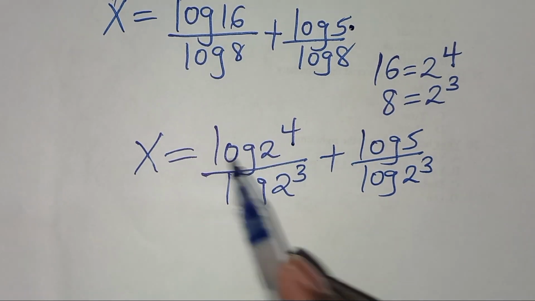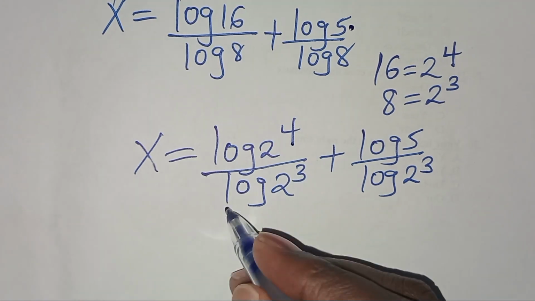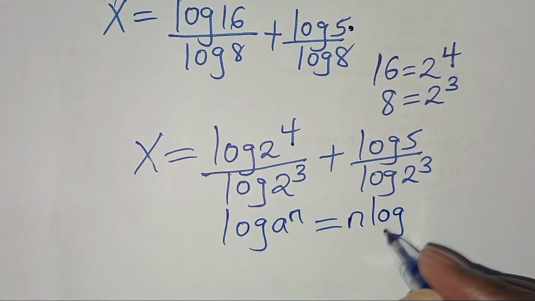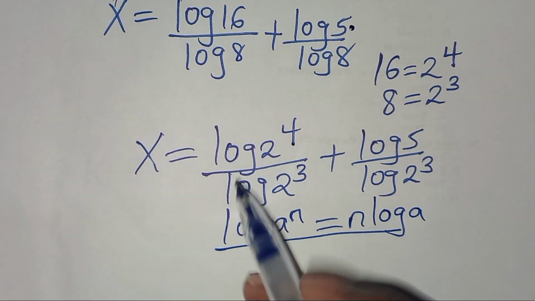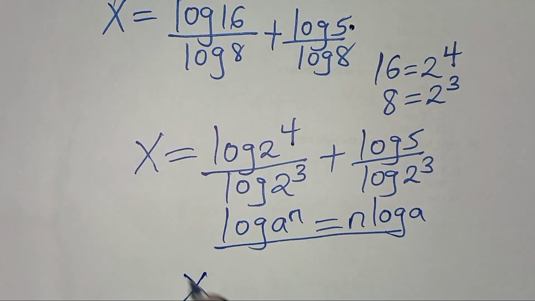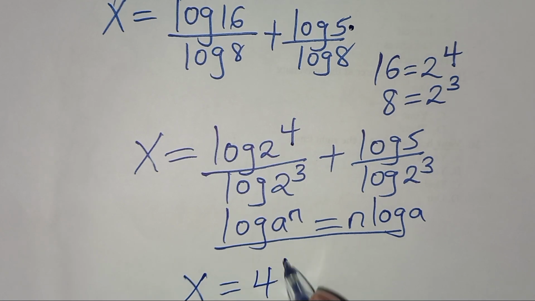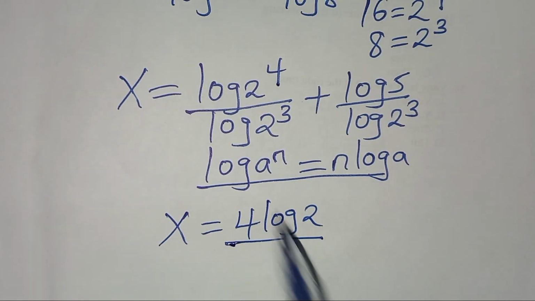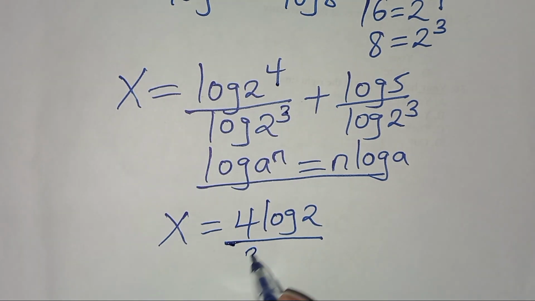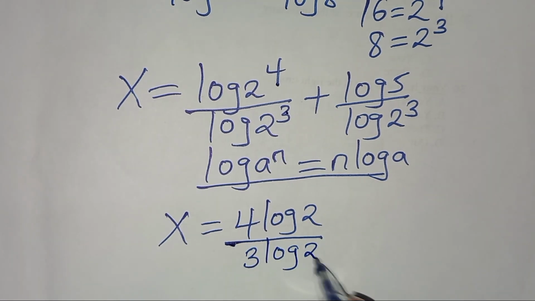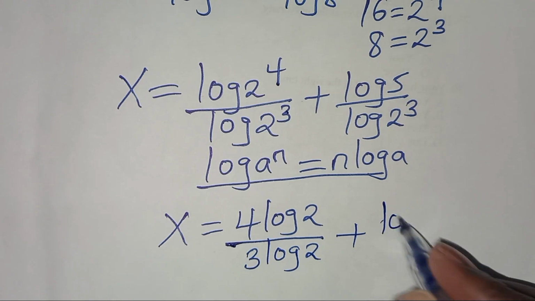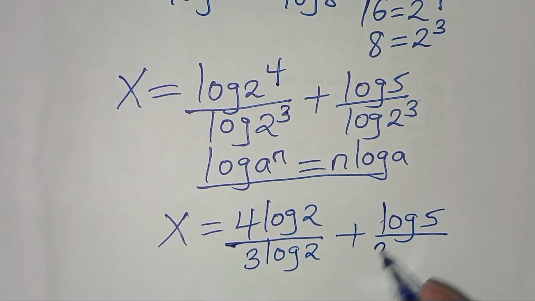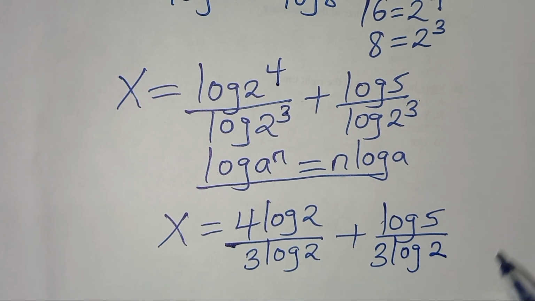Now, the next step here, log 2 to the power 4, applying the power rule property, that is log a to the power n, which we can express as n log a. So applying this property, log 2 to the power 4 becomes 4 log 2, divided by log 2 to the power 3, which we can express as 3 log 2, plus log 5 divided by log 2 to the power 3, which we can express as 3 log 2.